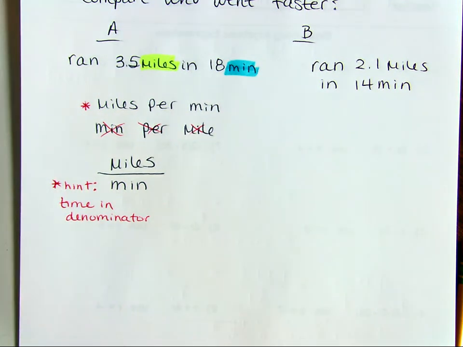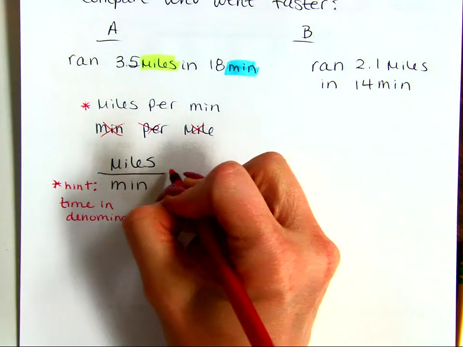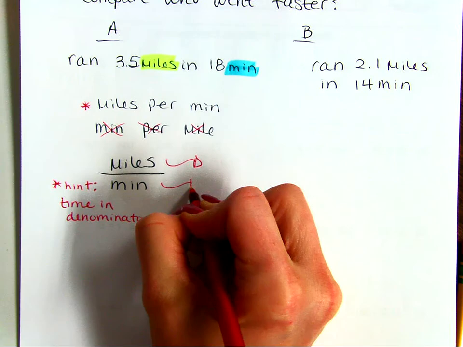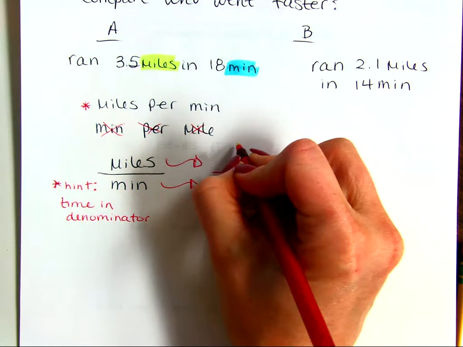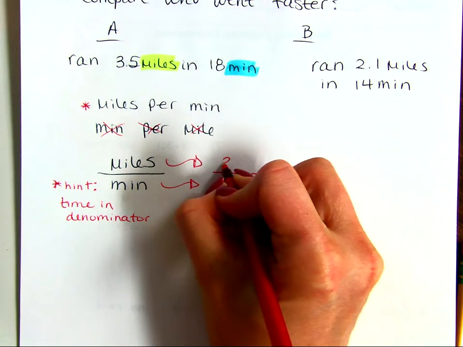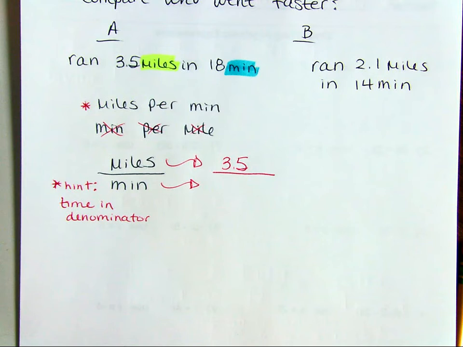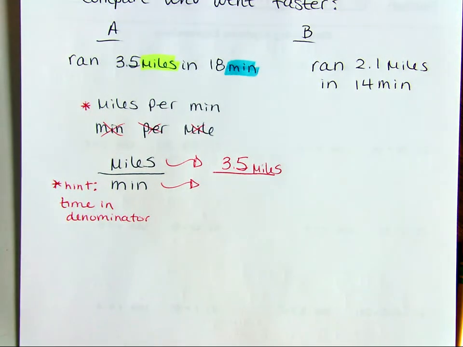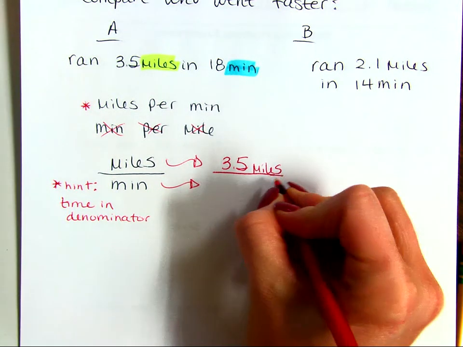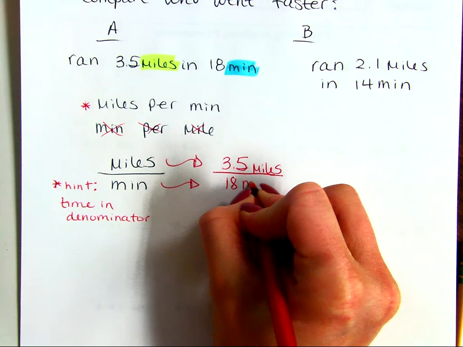Okay? So now we fill in what we know. We know that person A ran 3.5 miles. And you could include that word there so you don't forget it. In 18 minutes.